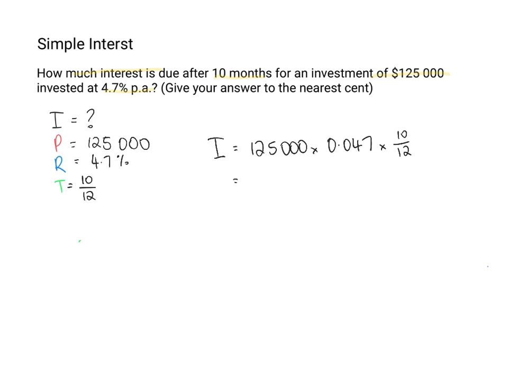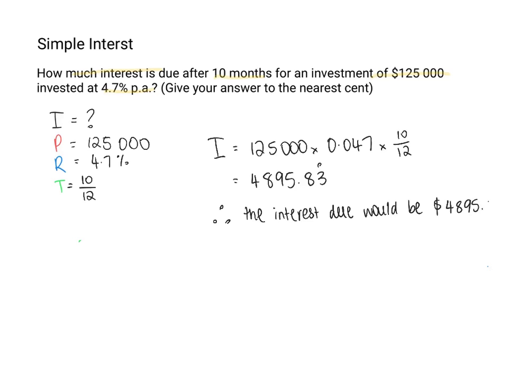Putting that into our calculator, we get 4895.83 recurring. In the context of the question, we need to give our answer to the nearest cent. We want dollar signs, so therefore the interest due would be $4,895.83 to the nearest cent.